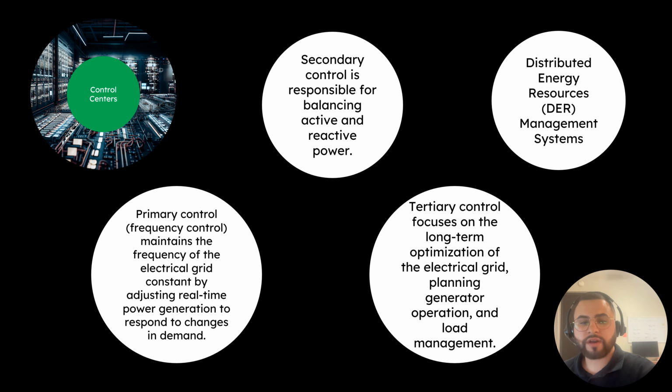In the realm of primary control, the focus lies on real-time monitoring and efficient management of energy demand and generation. This entails constantly adjusting and adapting to the dynamic needs of the grid. As demand fluctuates, the primary control ensures that the energy supply remains in harmony with consumption, optimizing the overall performance of the system.